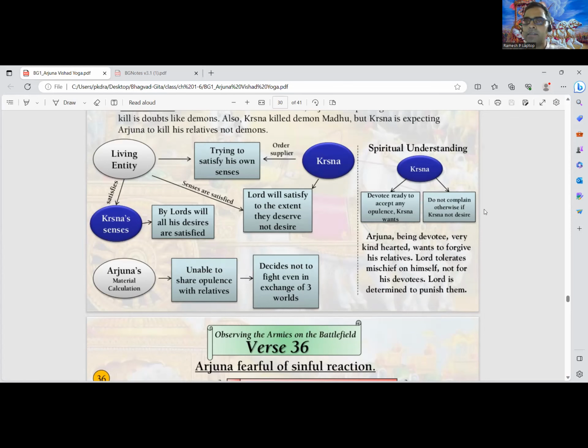In this case, Arjuna is ready to forget. Being kind-hearted, he wants to forget and forgave his relatives. But due to the mischiefs done to the pure devotees by the other side, Lord Krishna was determined to punish them. There was no second thought to it.